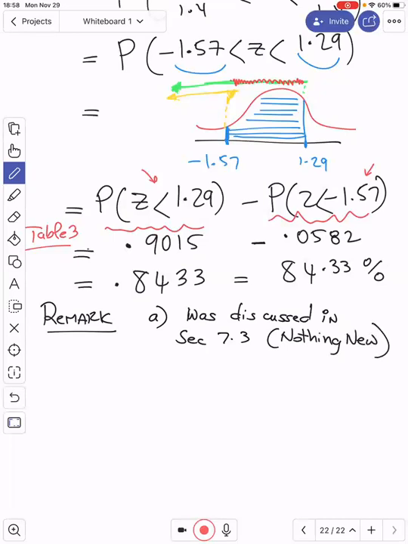All right. Now, next question, and this is where we're gonna use our theorem.